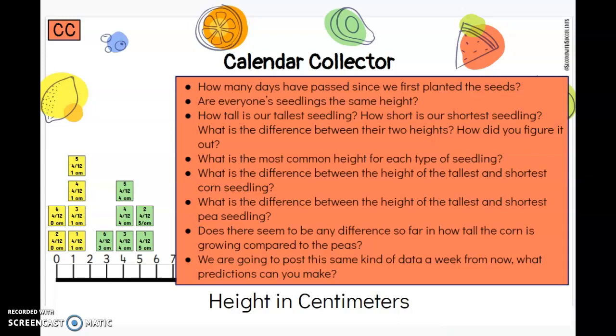You may be thinking that the peas will keep growing taller than the corn. You may be thinking that they'll be even further apart on our line plot. Or maybe you're thinking the corn will catch up to the peas and they'll start to grow at the same rate. There's a lot of things we could predict. Make your predictions and we'll check in next week.